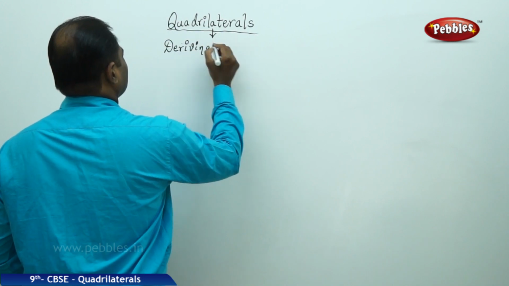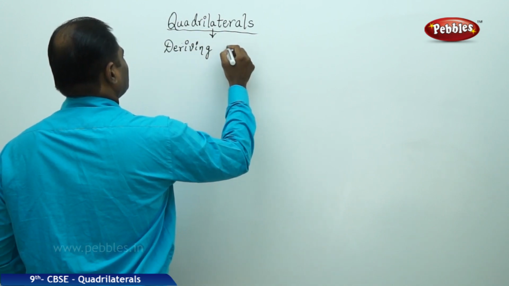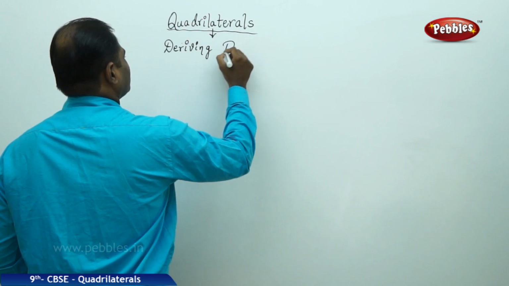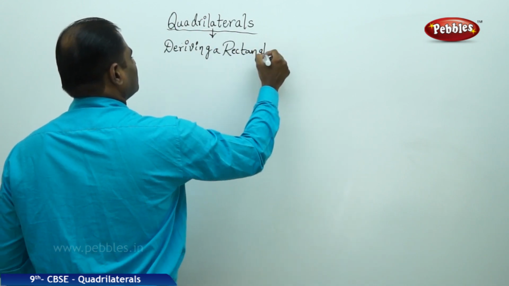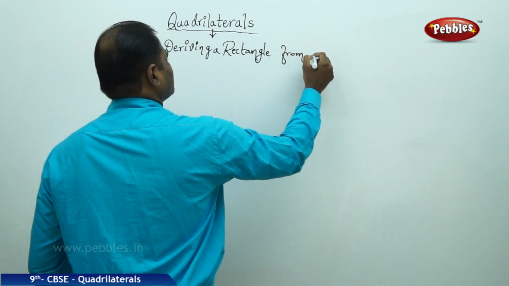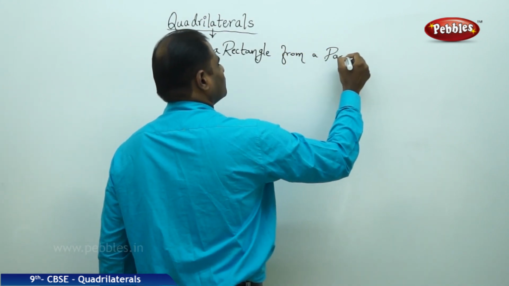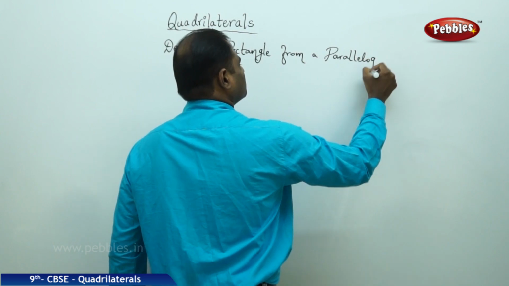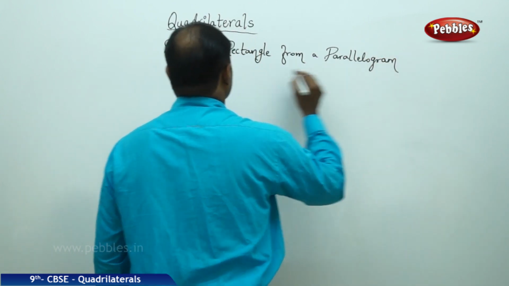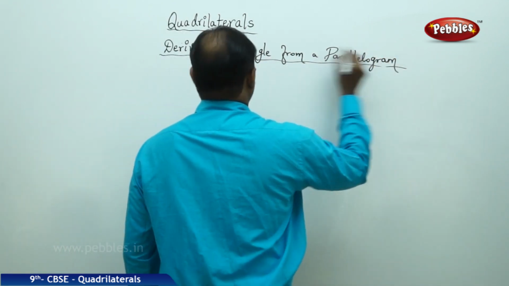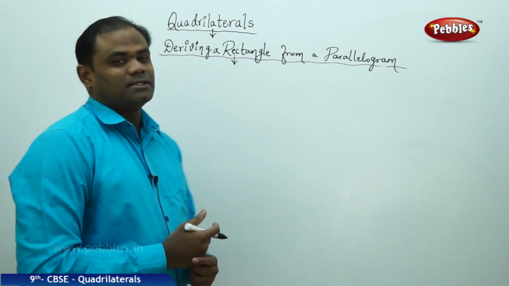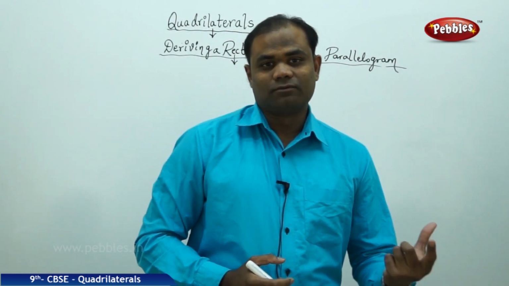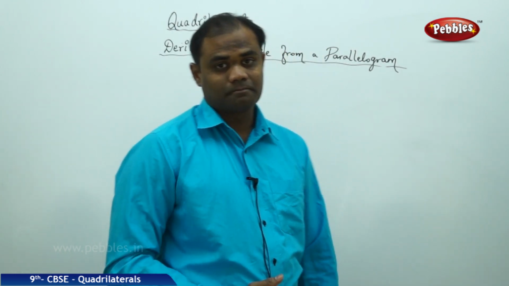Deriving a rectangle from a parallelogram. So let's see how a rectangle is derived from a parallelogram ABCD.